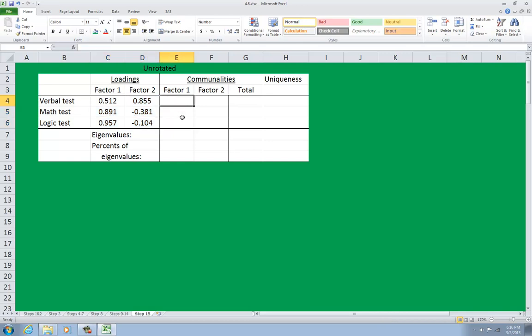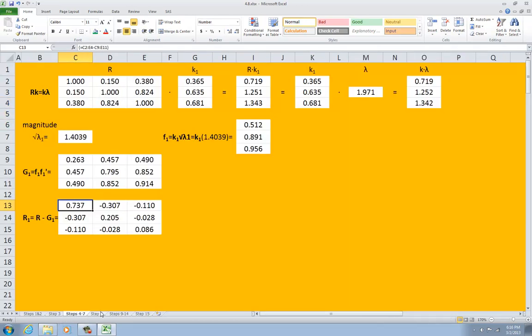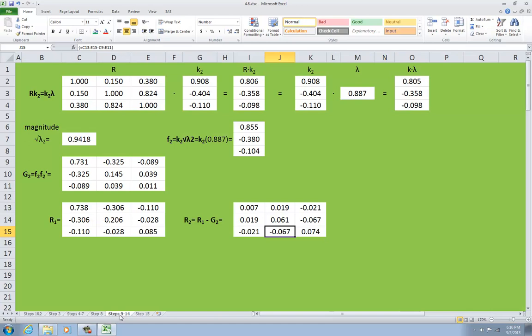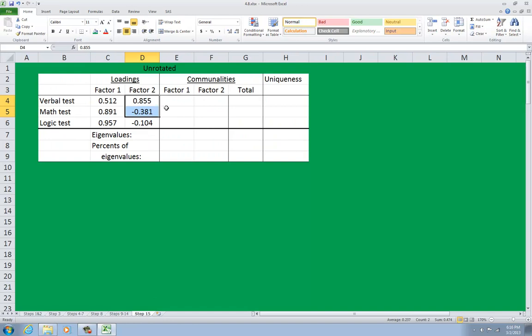I just left some things blank, but here we can find factor loadings, which once again were F1 and F2 that we calculated in, I think it was step 4 or 5 that we did, and then step 10 we got here. So I just copied and pasted them there.